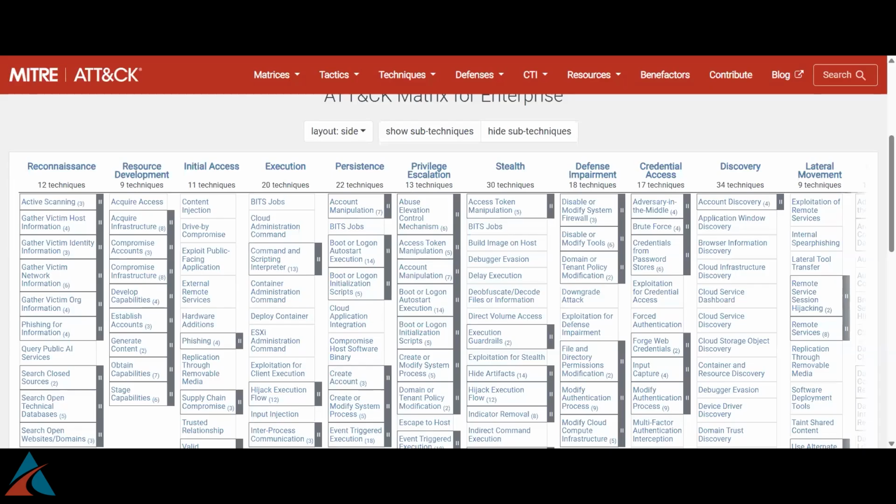Now, what is a tactic and what is a technique? Tactic means goal. Technique means how, the methods used. Tactic means goals and technique means what method is being used.